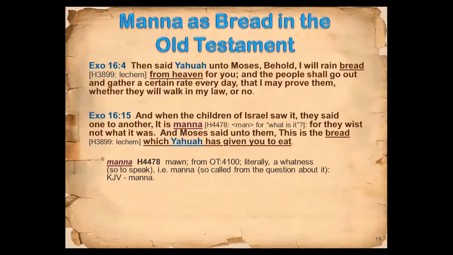But that means, what is it? It is manna, for they wist not what it was. And Moses said unto them, This is the bread, or this is the lechem, which Yahuwah has given to you to eat.